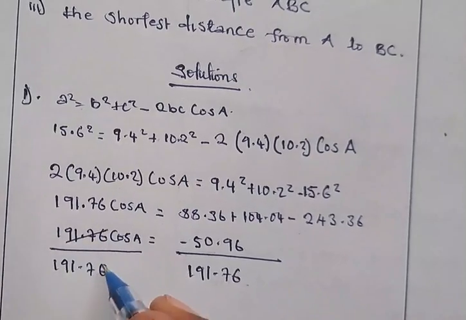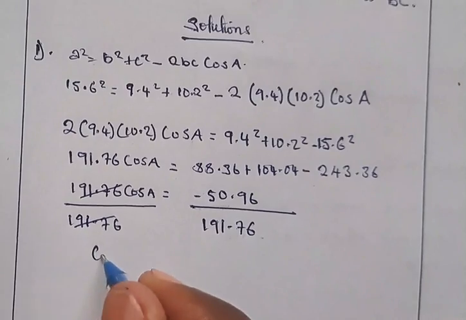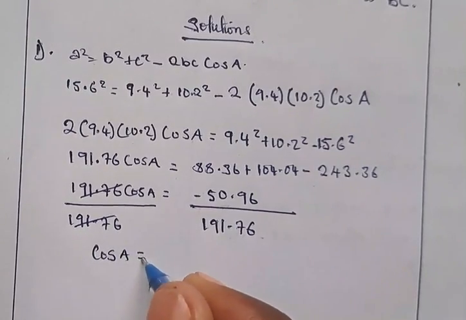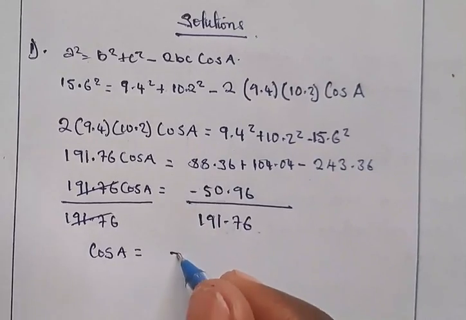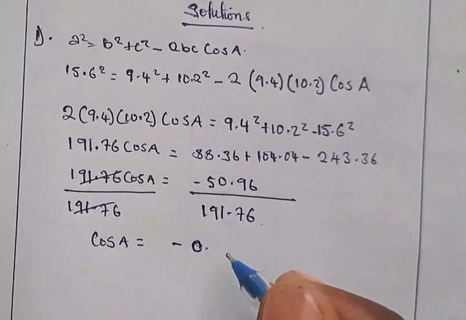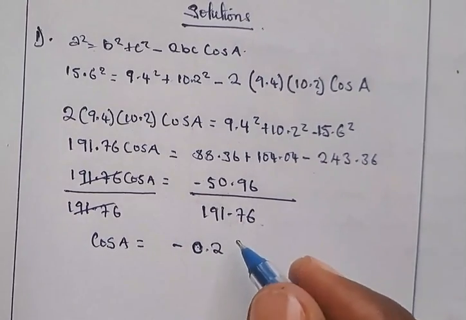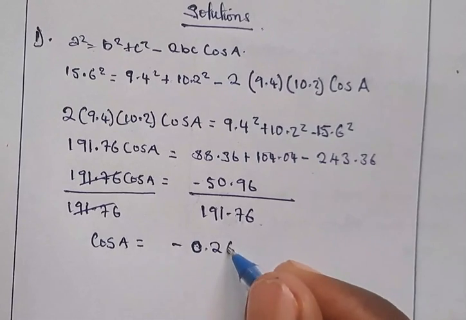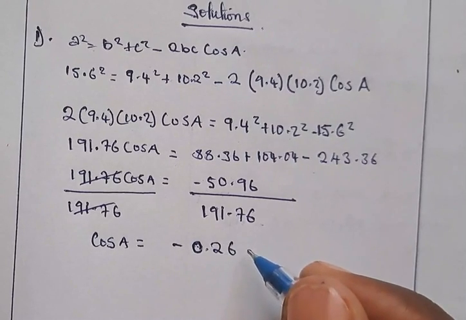So that this one and this one go. So we have cosine A is equal to negative 0.226. I'm trying to get everything there.